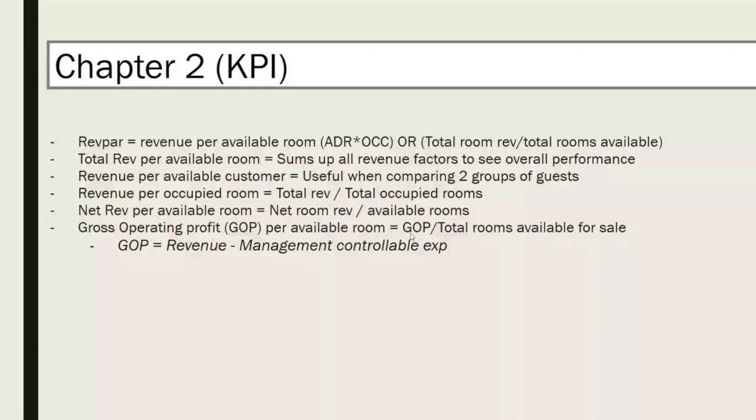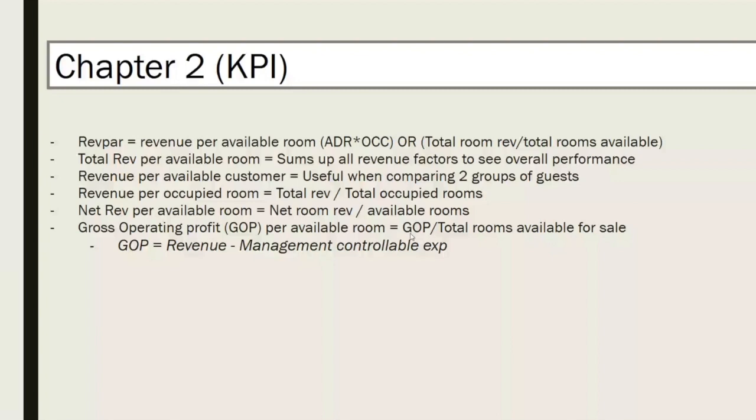We then have net revenue per available room, or NRevPAR, which is calculated by taking the net room revenue divided by the available rooms. I would just like to highlight that net rooms revenue is calculated by taking the rooms revenue, subtracting the distribution costs, the travel agent commissions, and the transaction fees, to look at how much revenue you're making net per room.